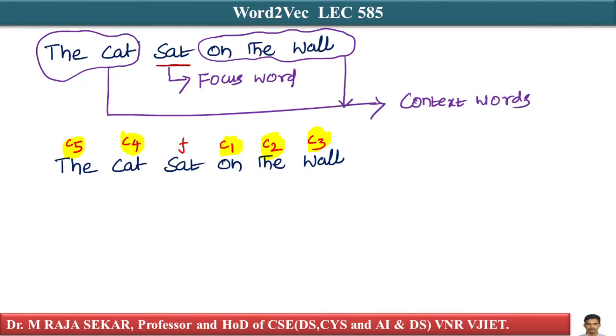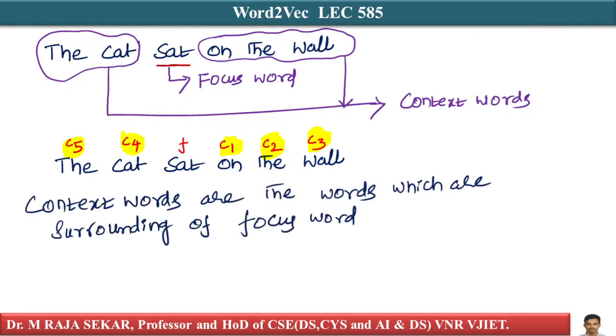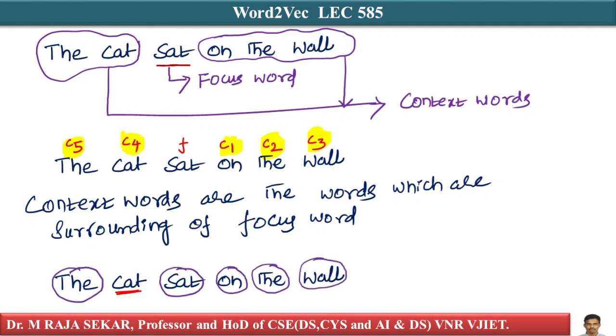Context words are the words which are surrounding the focus word. Similarly, if I take cat as my focus word, then what are the surrounding words? The sat on the wall, isn't it? All these are surrounding words, and therefore these words are known as context words.